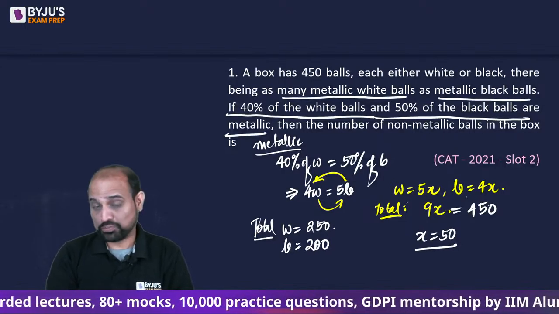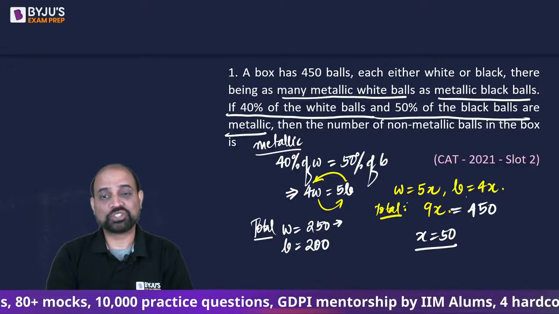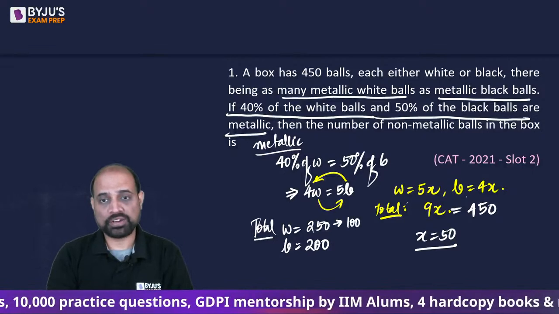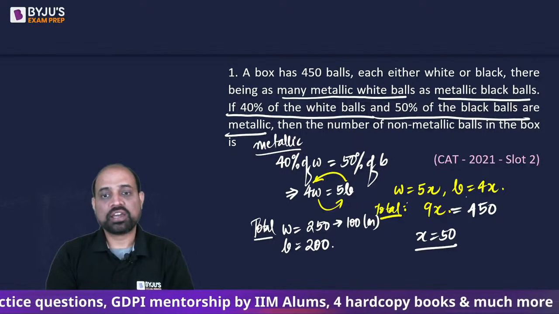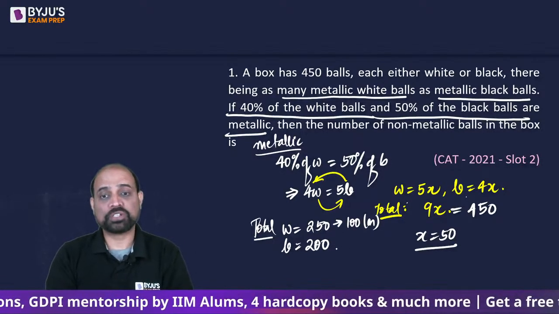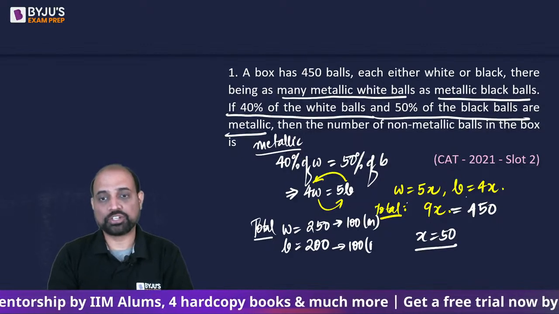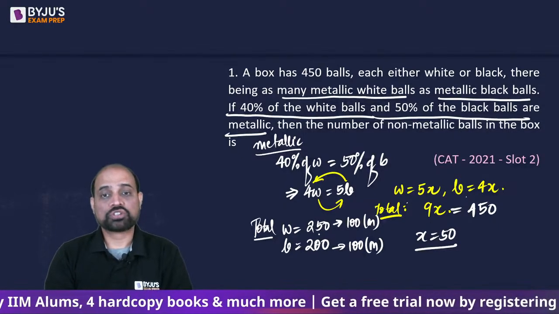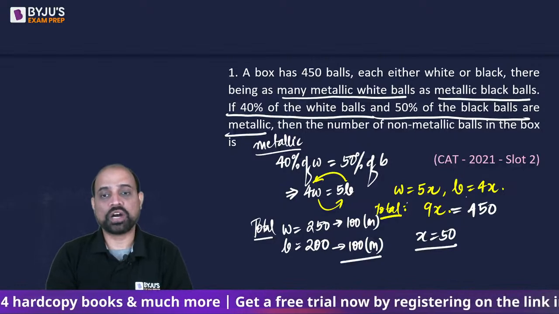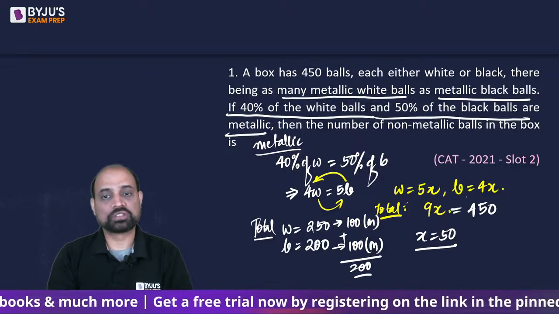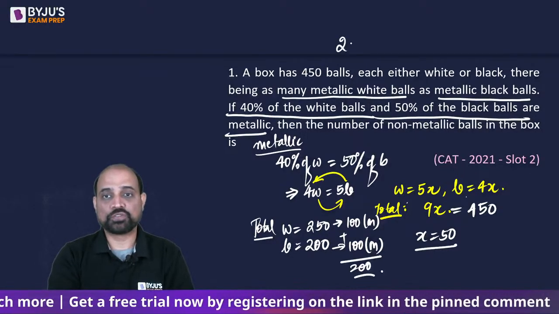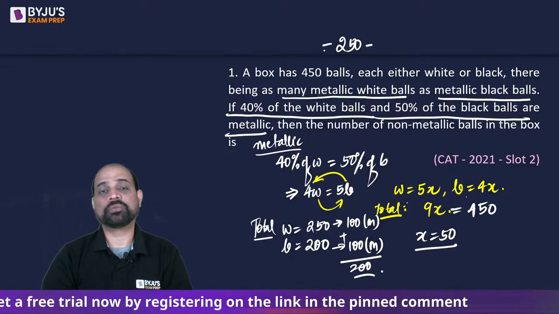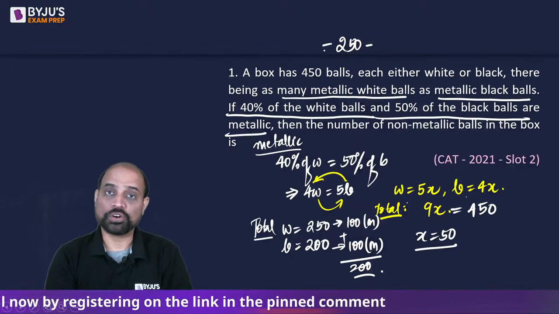Out of these 250 balls, 40% of them, which is 100, are metallic in nature. Out of these 200, 50% of them, that is 100, are going to be metallic black balls. So out of 450, if 200 are metallic balls, then obviously the leftover 250 is going to be non-metallic overall.